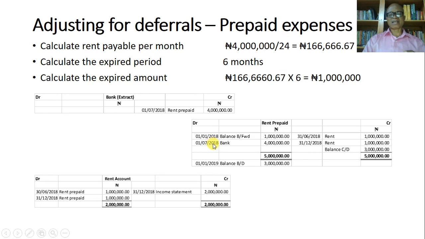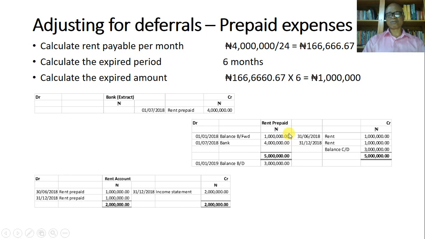Now, it means that the 1 million that was brought forward expired before the commencement of the new tenure. So 1 million will be credited to the rent prepaid account and debited to the rent account as an expense. Then subsequently, out of the 4 million, remember what we calculated here, 6 months expired in the year 2018.